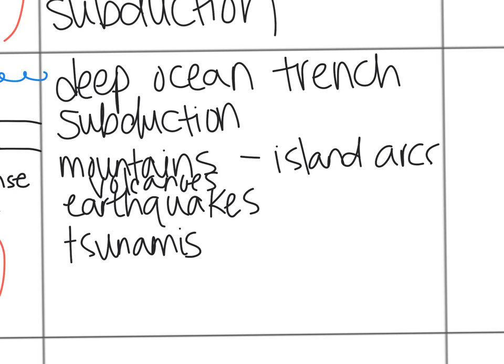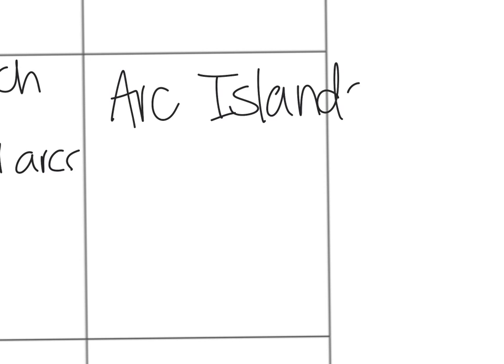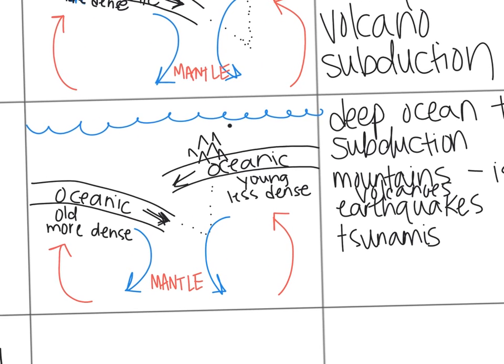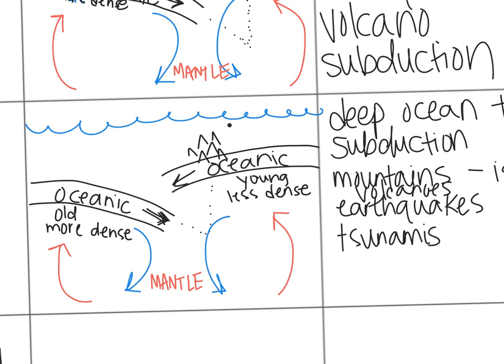Okay, examples are any arc islands. And actually, I take that back. The Hawaiian Islands, those form from this mantle coming up and creating those islands. So the island arcs here are from this convergent boundary, but Hawaii is a different story.